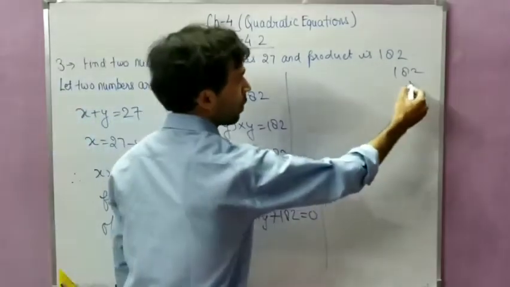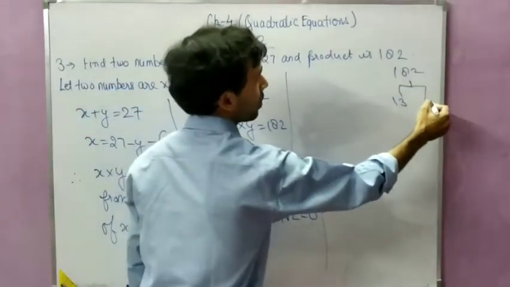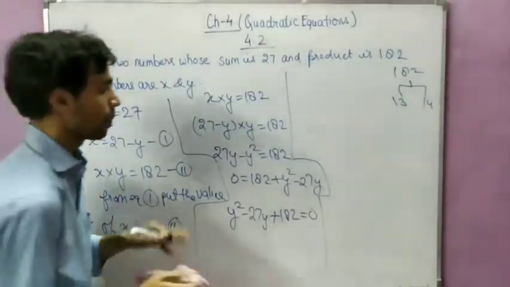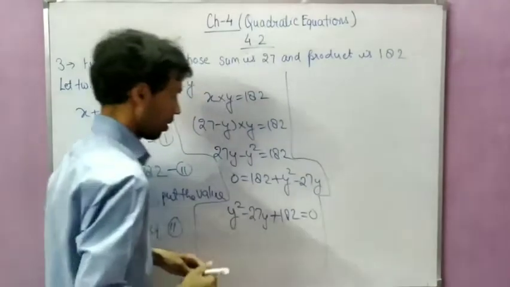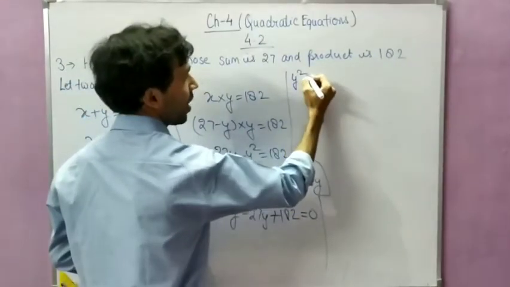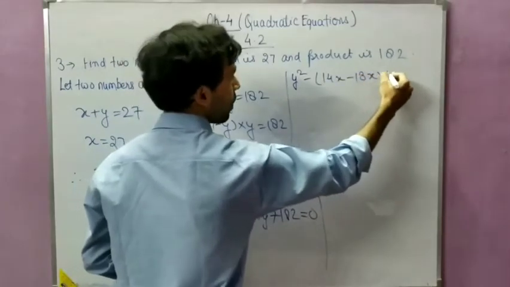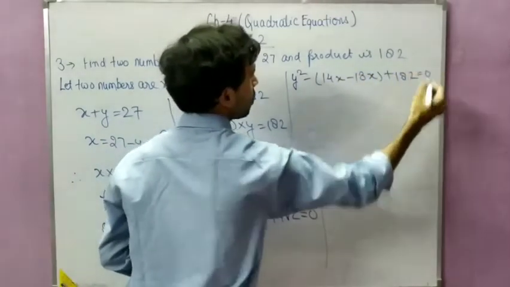So the two factors will be 13 and 14. You can understand this by solving it. So this can be written as y square minus 14y minus 13y plus 182 equal to 0.